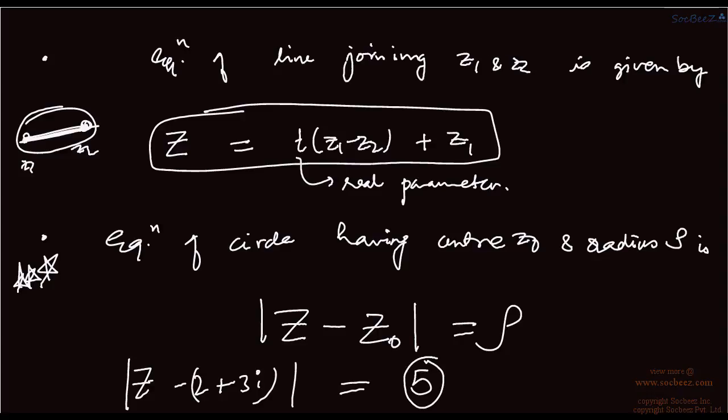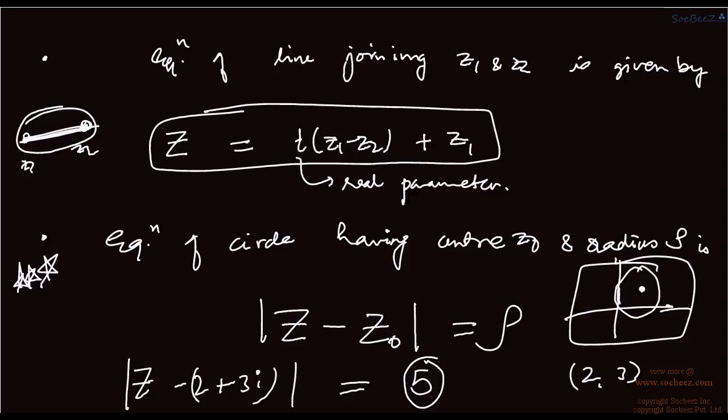Then the radius will be 5, the center will be (2, 3). So you can make it here. (2, 3) is this, and with radius 5 you will have this circle. So to solve many questions, this geometry can be used. Okay, diagram making can be used. So for that you have to know what the center is, what the radius is, where it can be made. Okay, so you just have to make the Cartesian plane and see where the point lies, what the radius is, and what we can do about it. Fine.